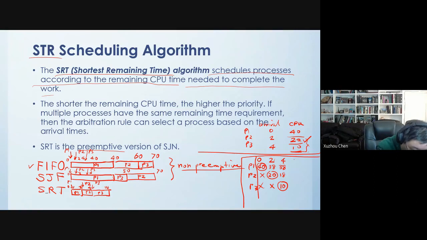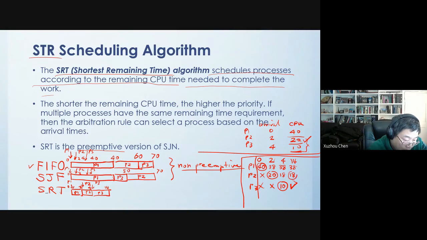Then at time 14, P1 is still 38, P2 is still 18, and P3 is done, finished. Now we're going to pick between P1 and P2.